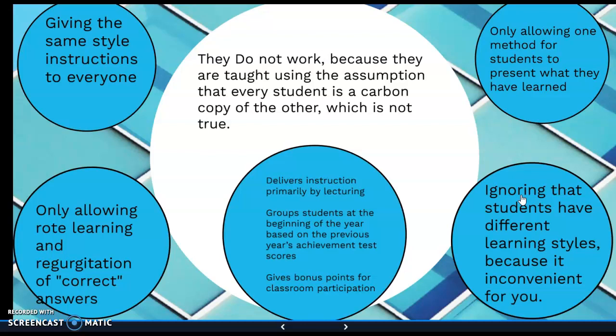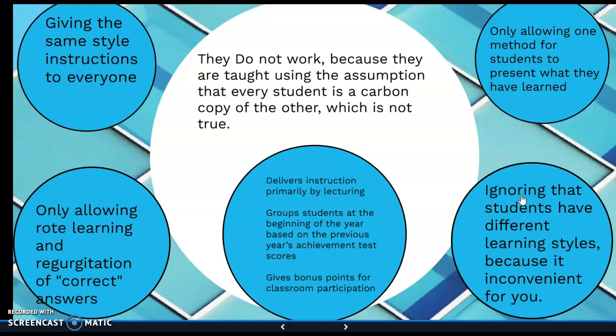And then when you hand them the test and they fail the test, the belief is that it's the student's fault. And in some cases that is the truth, but in many cases it's not. It's because it was presented, but it was not in a manner that they could relate to, that they could understand, and that allowed them to present it in a method that they understand it.